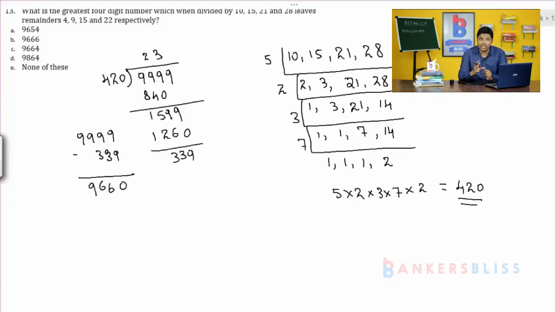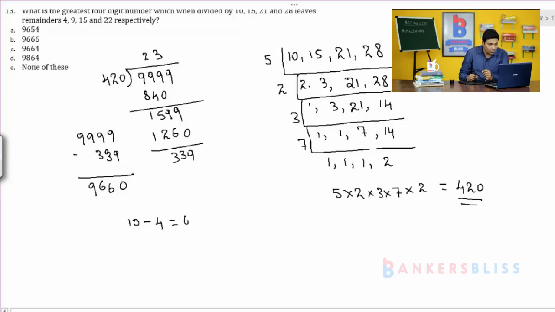But I have to identify a number which when divided by 10, 15, 21 and 28 should leave the remainder of 4, 9, 15 and 22. So you observe here, 10 is the number used to divide, and you are going to get a remainder of 4.